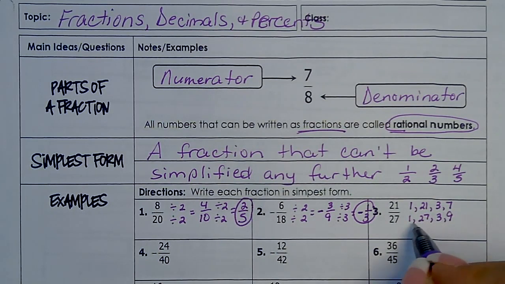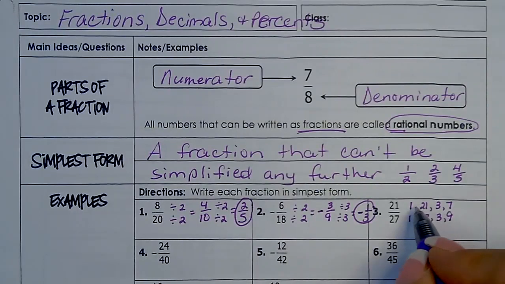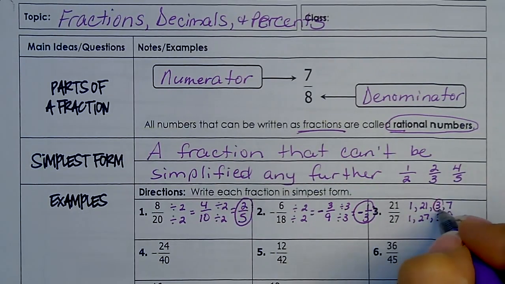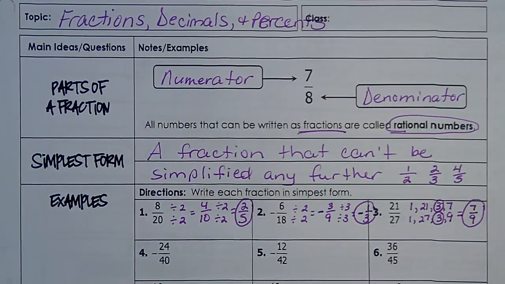And that's it. Those are my factors of 27. So let's look for the greatest. I see that 3 is a common factor. So I know I can divide both of these by 3. And I get 7/9. So 7/9 is simplest form.